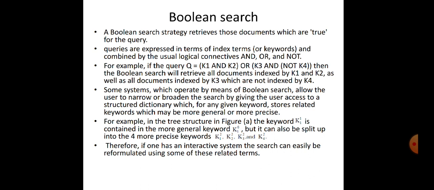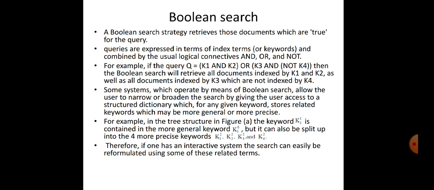We already discussed the term thesaurus. This thesaurus contains what? The related words of a particular keyword. So while searching that, we can also search what? We can also search the related keywords.